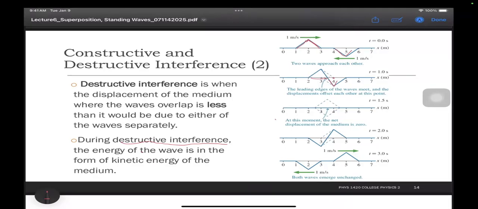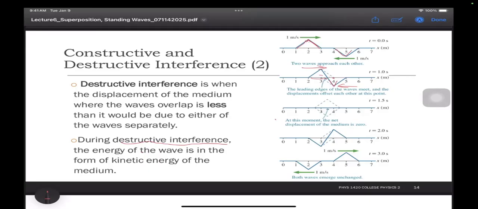Okay. You can see the destructive interference. As two waves go in their directions and then they meet, one is positive and the other is negative, so they will become less, the displacement becomes smaller.